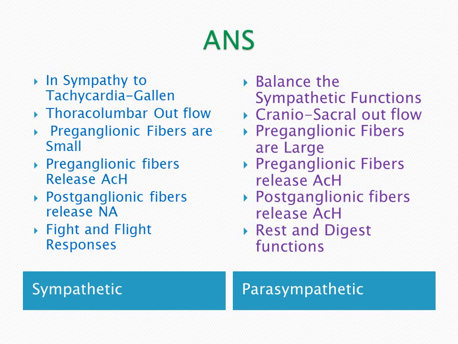The parasympathetic nervous system is the part of the autonomic nervous system which balances the sympathetic function, so it is called the parasympathetic nervous system.